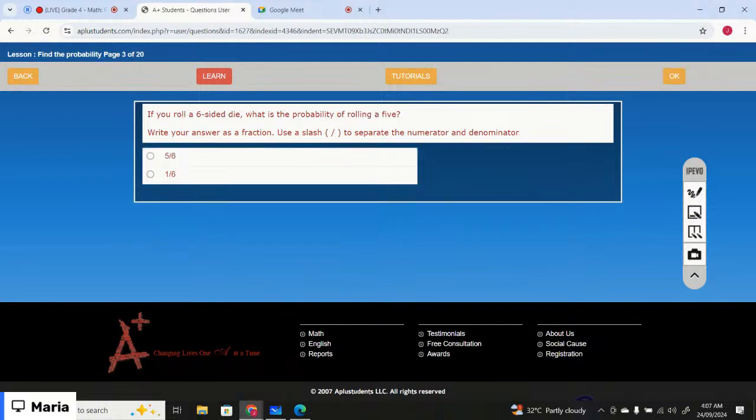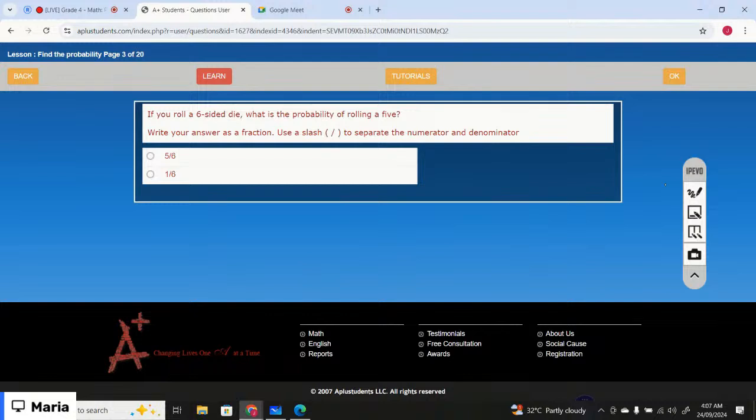If you roll a six-sided die, what is the probability of rolling a 5? On the die you have 6 outcomes, right? And you have only one 5, so that is 1 out of 6.